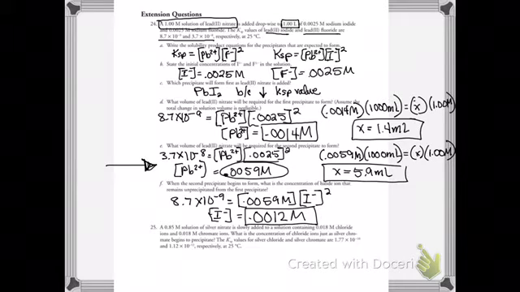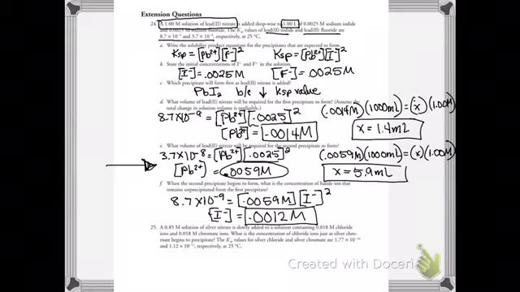All right, question 25. A 0.85 molar solution of silver nitrate is slowly added to a solution containing some chloride ions and some chromate ions. What is the concentration of chloride ions just as silver chromate begins to precipitate? And they give us a couple Ksps. All right, so my first strategy here is to figure out what the concentration of the silver ion is going to be for the silver chromate.